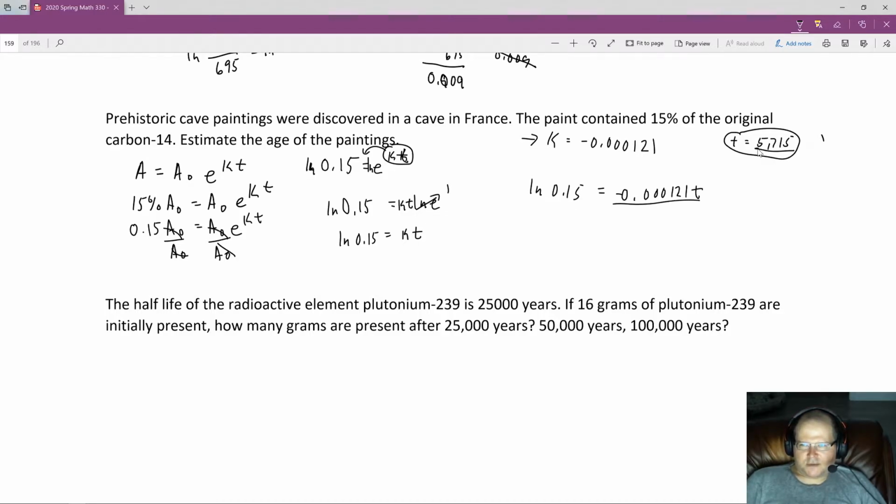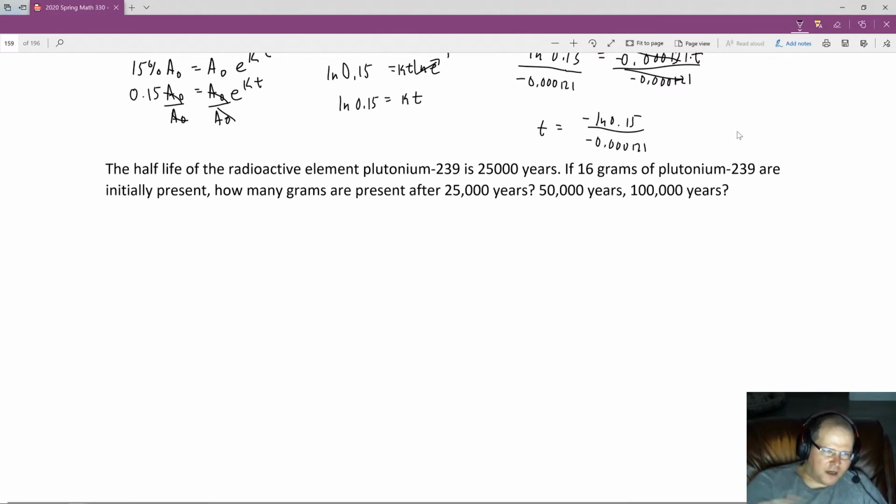And since I'm trying to solve for t, I'm going to undo the multiplication of t by negative 0.000121 by dividing by negative 0.000121, and whatever I do to one side, I do to the other. And that means t is equal to the natural log of 0.15 over negative 0.000121.